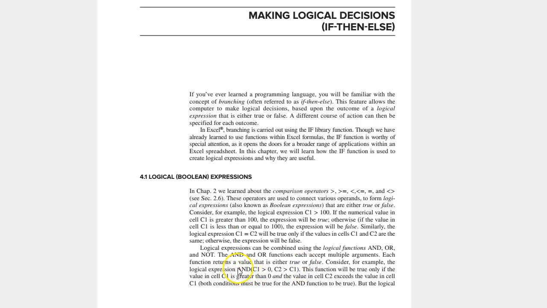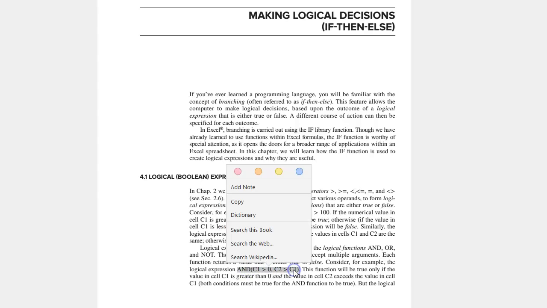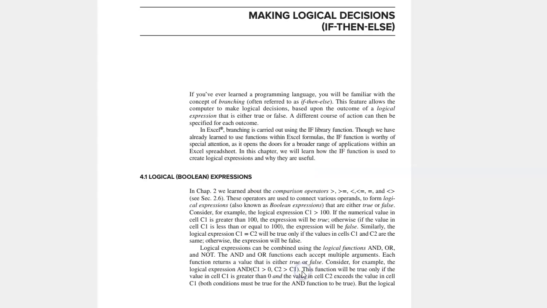Basically, if you put the AND function in front of an expression using the greater than or less than symbols, you can make the statement that if C1 is greater than 0, and if C2 is greater than C1, it'll be true. If not, it'll be false.